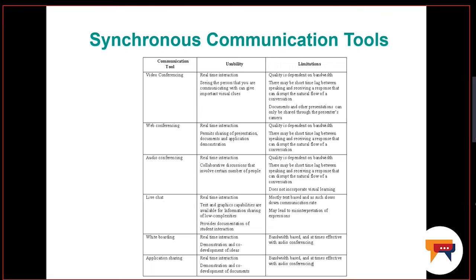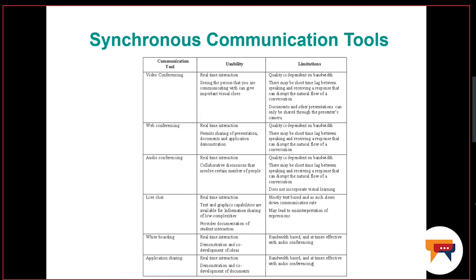It has real-time interaction, seeing the person you are communicating with and getting important visual cues, right? This happens more in group discussions, whereby you interact with your peers, or with your lecturer when you have questions to ask or certain topics to discuss. It happens in real time.